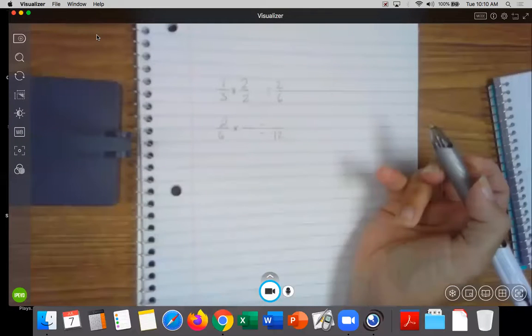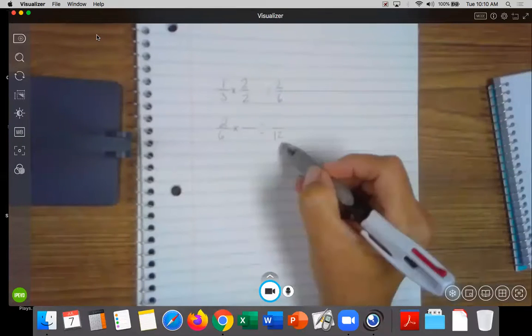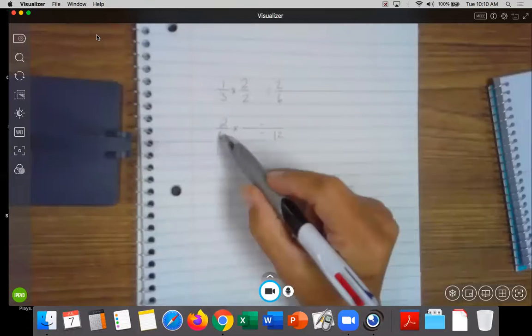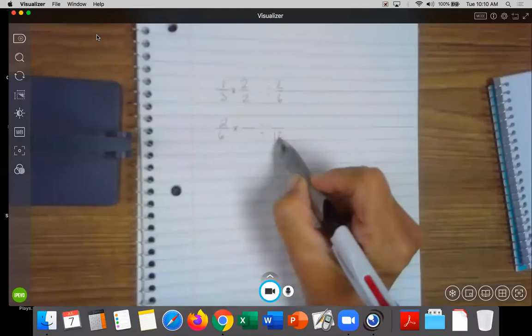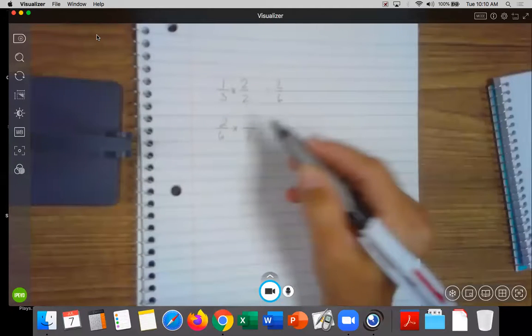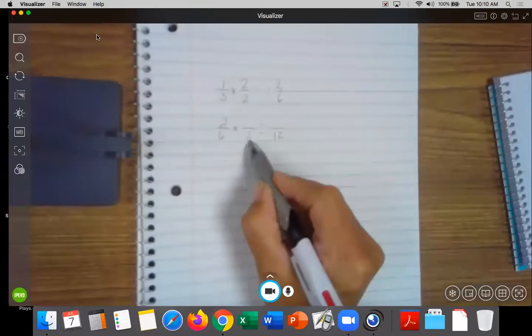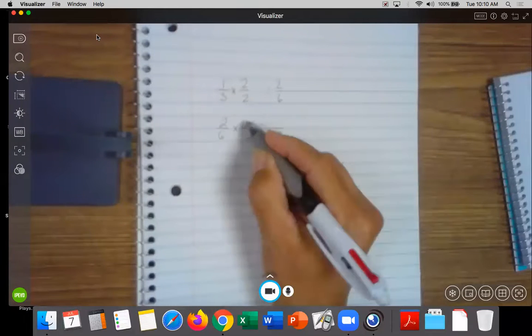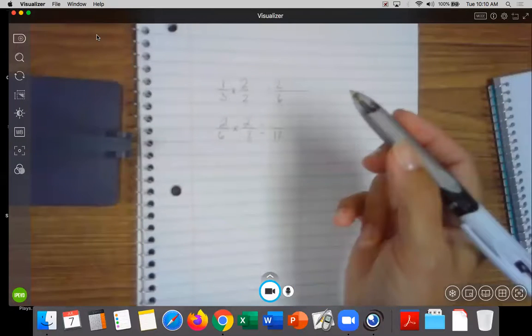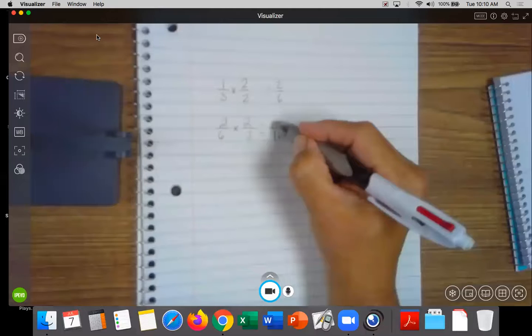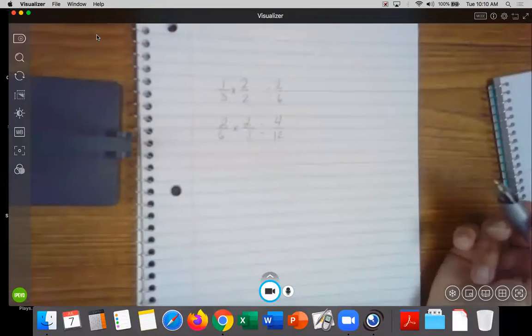I'm going from 2/6 to something over 12. So 6 times what gives me 12? 2. So if I multiply the denominator by 2, I have to multiply the numerator by 2, and that gives me 4/12.